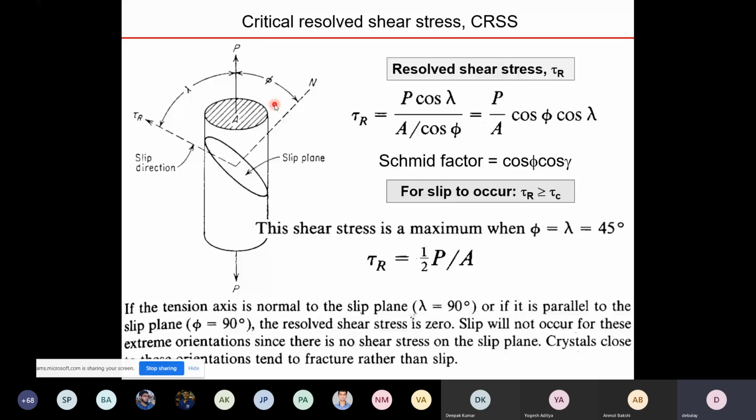Because, as I told, the plane normal n, the loading direction P, and the slip direction need not be on the same vertical plane. Don't think they have to be on the same vertical plane. So the impression that the textbook image is giving is wrong.